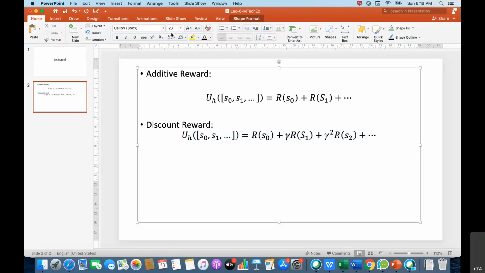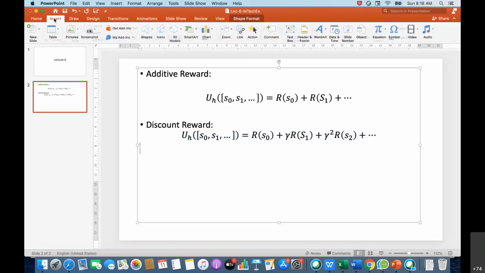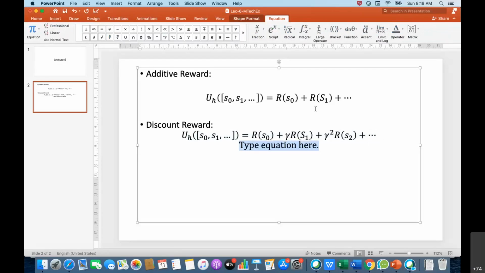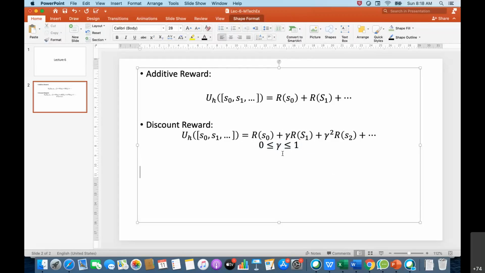The value of gamma should lie between 0 and 1, and the term gamma is known as the discount factor.